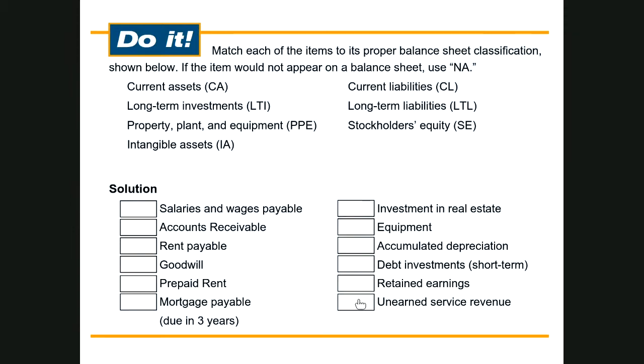It is something that you have to do, some cost you have to give up. For example, we're spending time and energy now to deliver the classes. We've already taken the tuition fees from the students, so unearned service revenue is a current liability. All right? Makes sense.